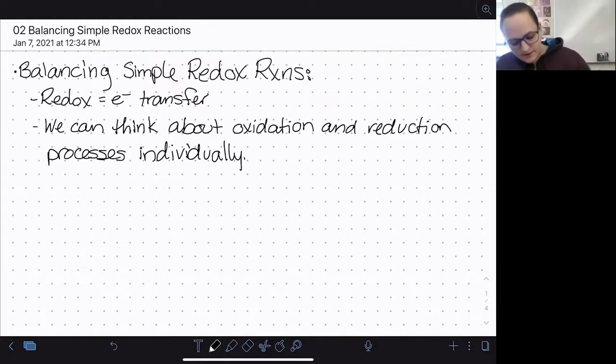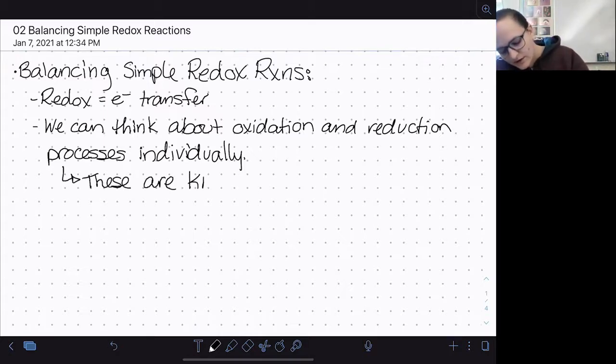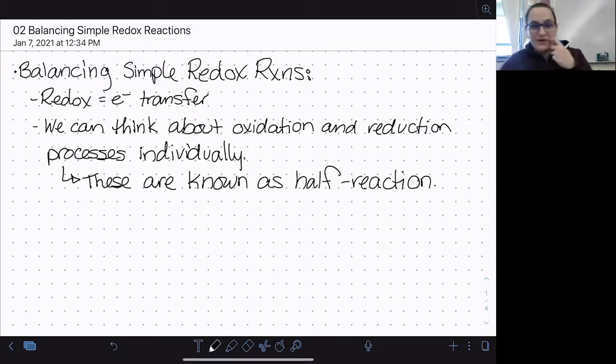So when we think about these processes independently, these are known as half reactions. So we can think about the oxidation half reaction and the reduction half reaction as two separate things. Notice we call them half reactions because they can't happen on their own. You need two halves to make a whole reaction.